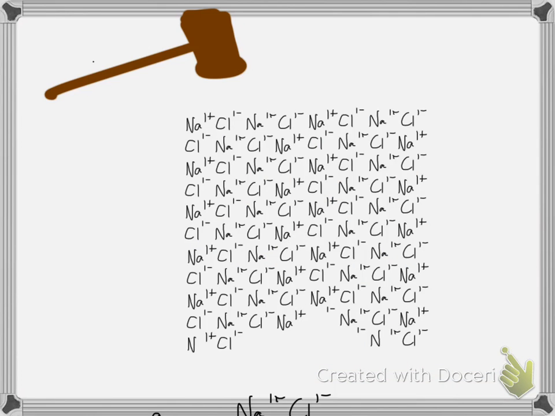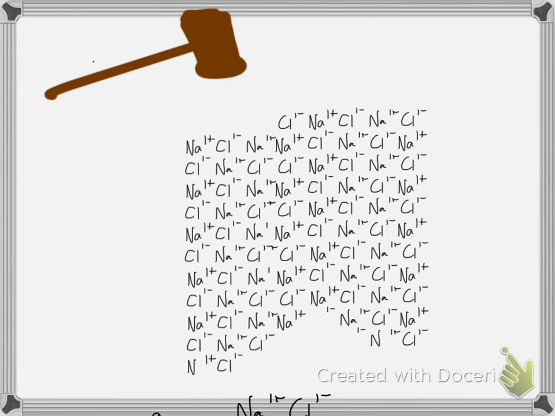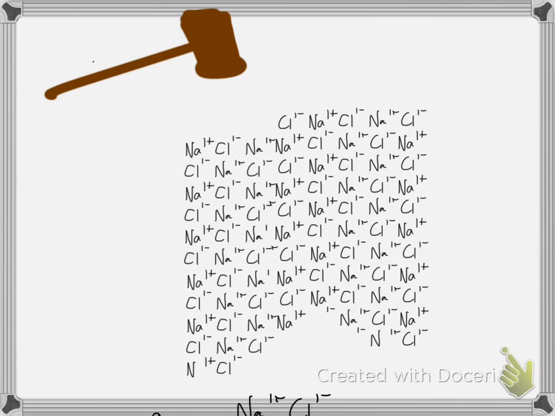When I hit an ionic compound, what happens? Well, what happens if I shift everything down one? What happens all of a sudden? Instead of forces of attraction, I now have a force of repulsion. Look at that. I've got sodium, sodium, chlorine, chlorine, sodium, sodium.